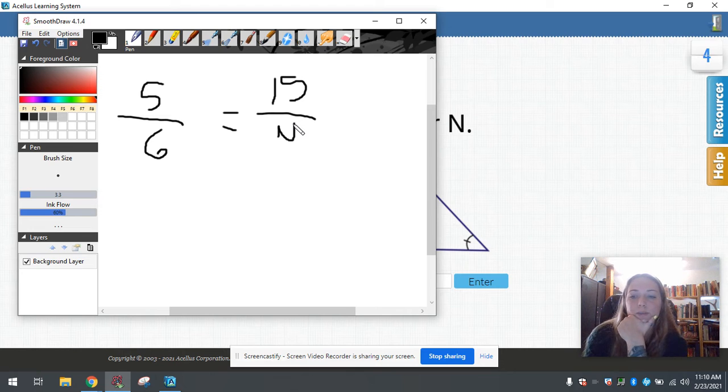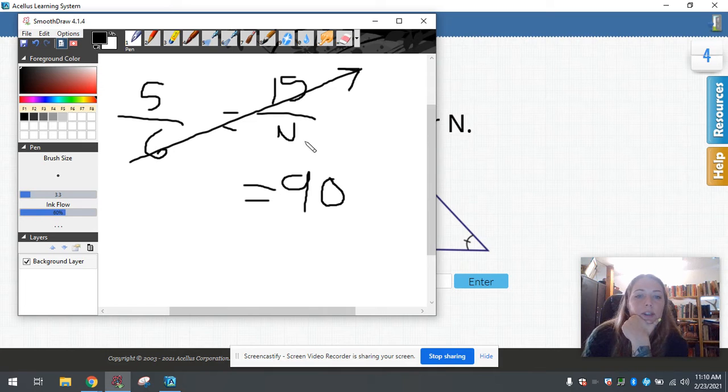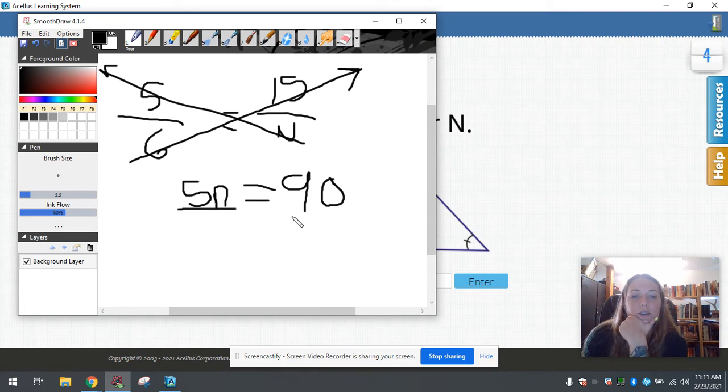Okay, and we're going to cross multiply. 6 times 15 is 90, and that is equal to n times 5, or 5 times n, which I'll write as 5n. To isolate the variable, I'm going to undo the multiplication.